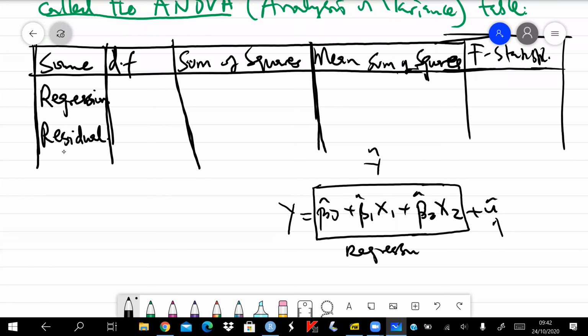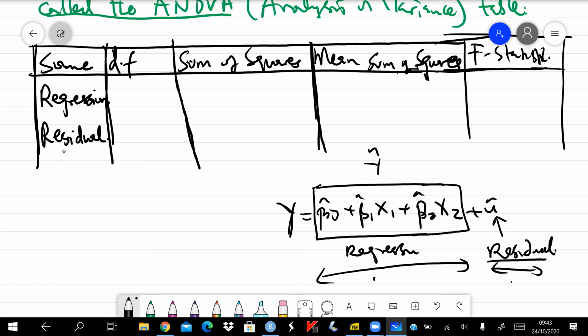Then we have the error term, what you're calling the residual part. So variation in y will come from this part plus this part. We are breaking the source into 2 parts like that.